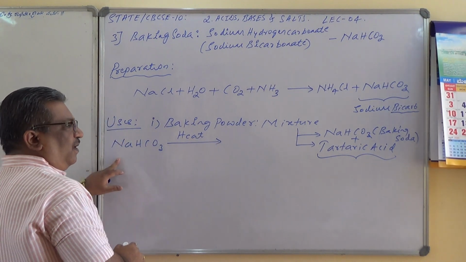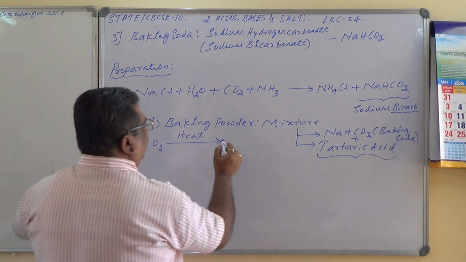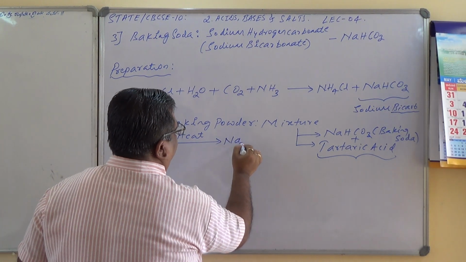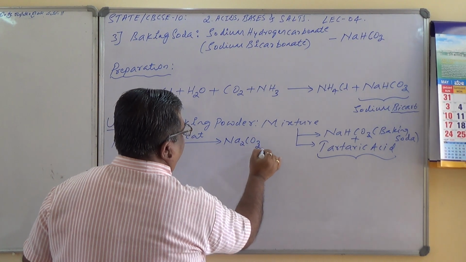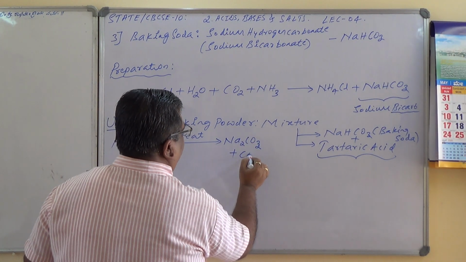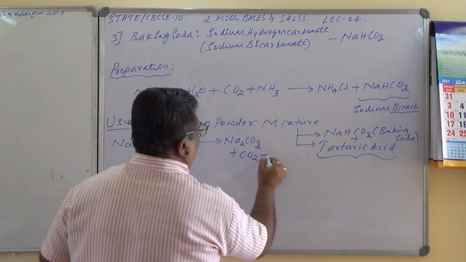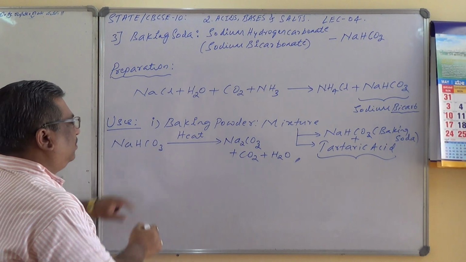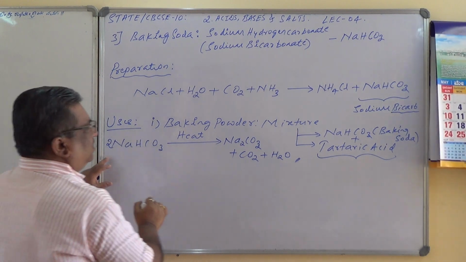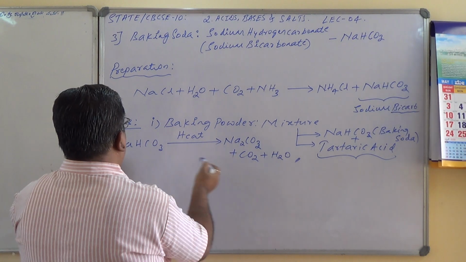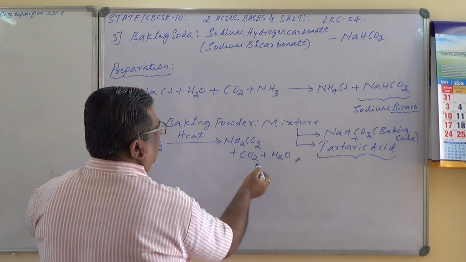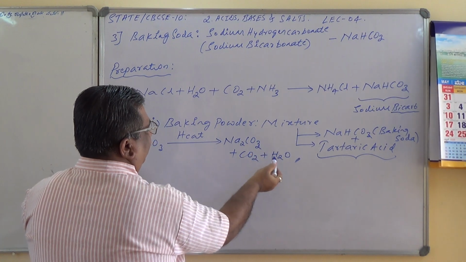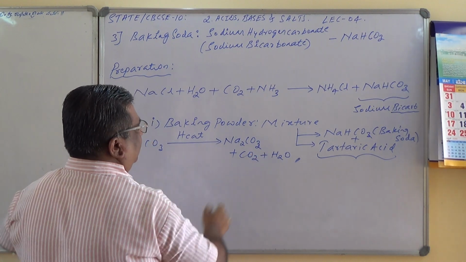What are the products formed? 2 NaHCO3 after heating gives Na2CO3, sodium carbonate, plus CO2 plus H2O. Carbon 2, oxygen 3 plus 2 plus 1, that is 6. It is balanced.